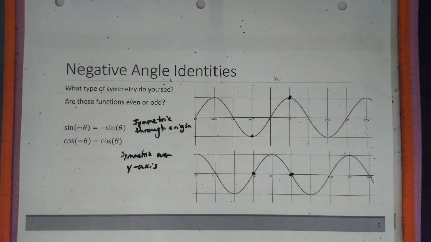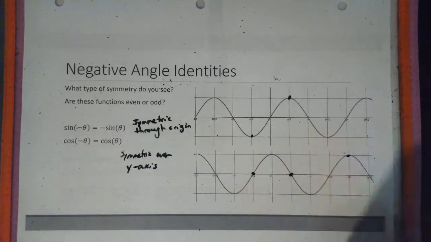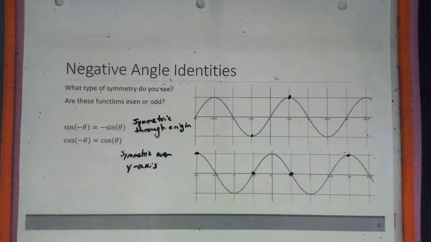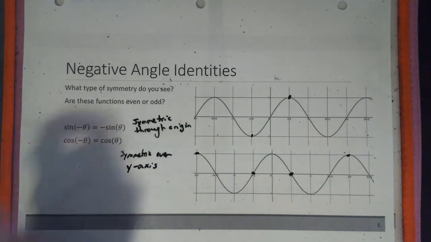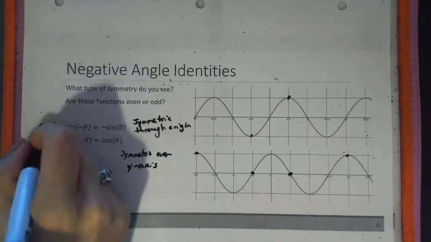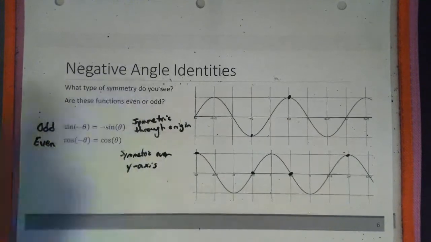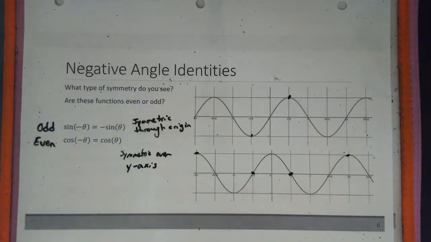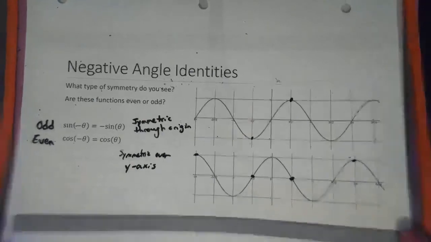If we're looking at the cosine of 2 pi, it's the same as the cosine of negative 2 pi. What that means about these functions is that sine is an odd function and cosine is an even function. Those are some definitions that we saw a few chapters ago. These identities can be really useful, so I just wanted you to have those as something to use.